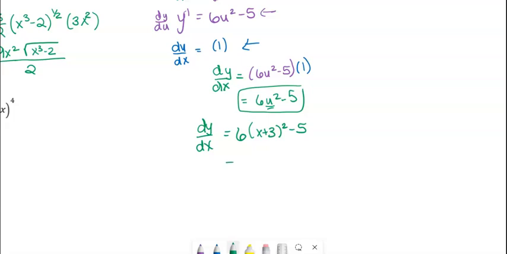And maybe I would work this out. x plus 3, all squared, is x squared plus 6x plus 9, minus 5. And multiplying the 6, 54 minus 5 is 49.